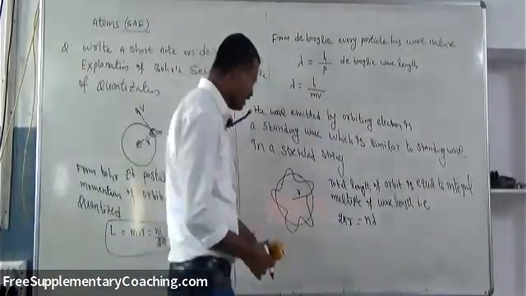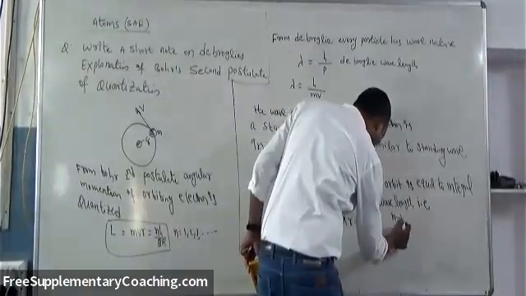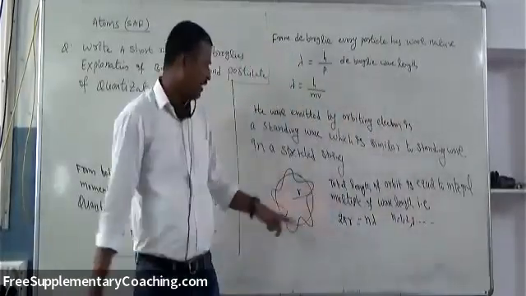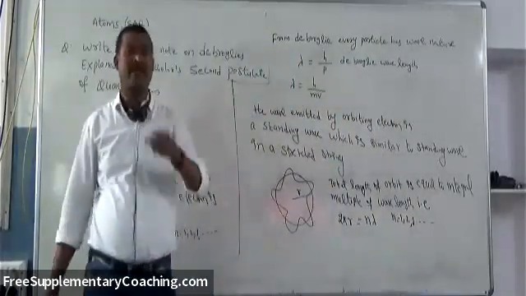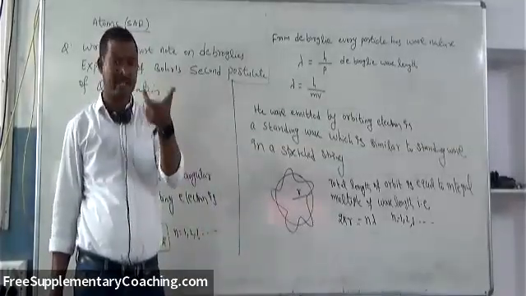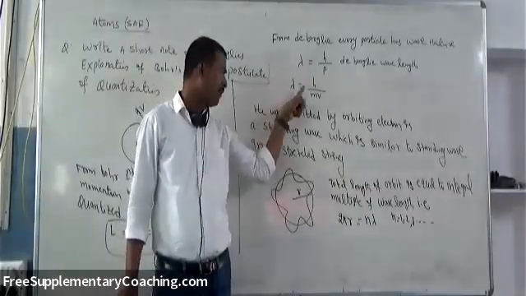In this, r is the radius of the orbit, n is the integer value, that is n equal to 1, 2, 3, 4 and so on. But lambda is the wavelength emitted by the electron. Electron means particle, particle wave means matter wave, matter wave means de Broglie wavelength, again lambda is equal to h by mv.